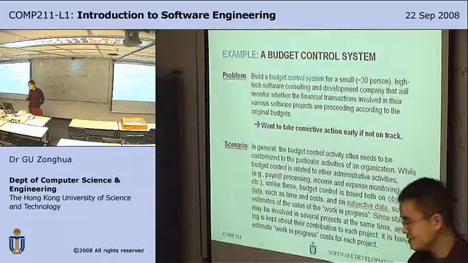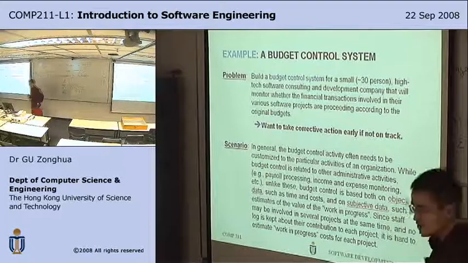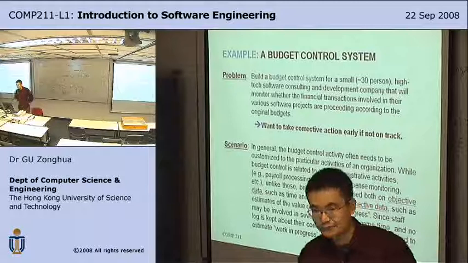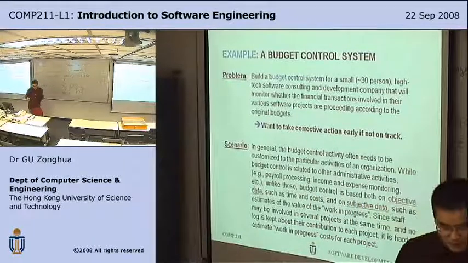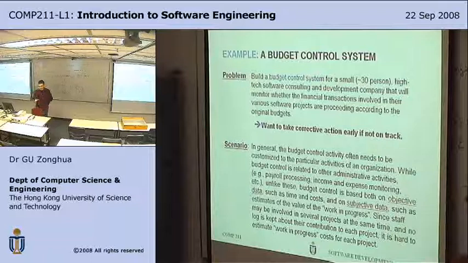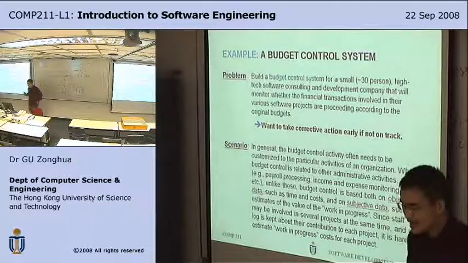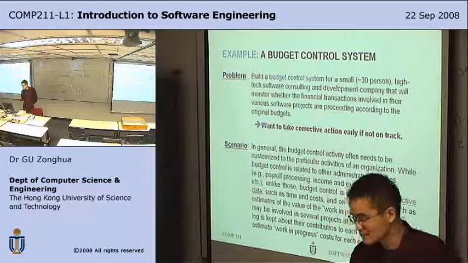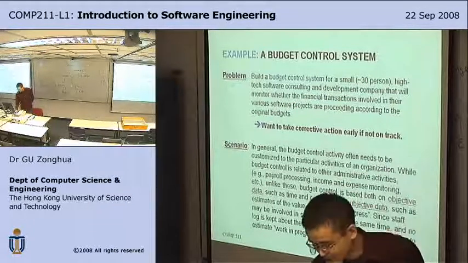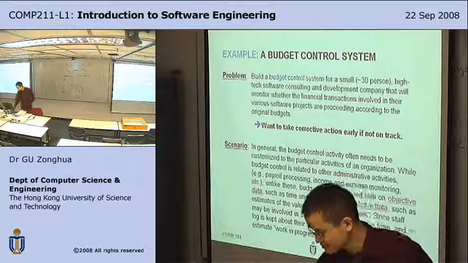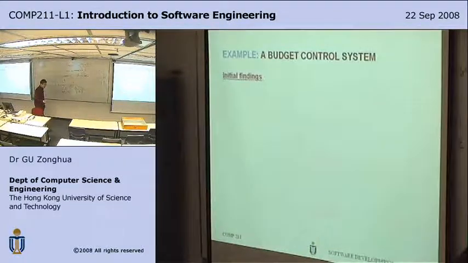For example, if an engineer is an expert in user interface design, perhaps he's involved in designing user interface for 5 projects at the same time. So how much time did he devote to project A versus project B? That is very hard to determine. This just adds to the subjectiveness of the budget control system. So that's the problem. That's the challenge.